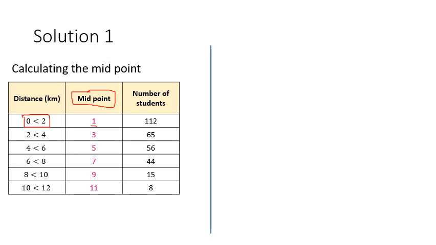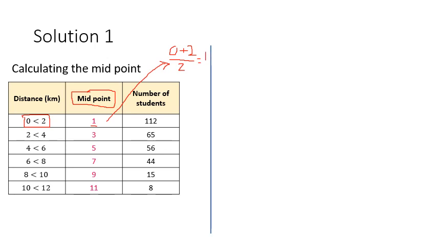The easiest way to obtain the halfway mark, if it's not quite as obvious, is to add up the two endpoints, so 0 plus 2, and then you divide it by 2. You always divide by 2 because what you're essentially doing is adding up the endpoints and then finding the average between them. There are two values, so you divide by 2. And so, of course, 0 plus 2 is 2, divided by 2 is 1. So that's how we obtained 1.